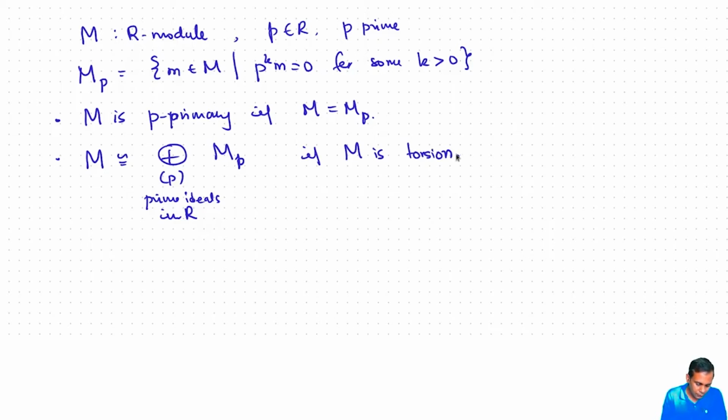Now let's ask, when is a cyclic R module P primary?